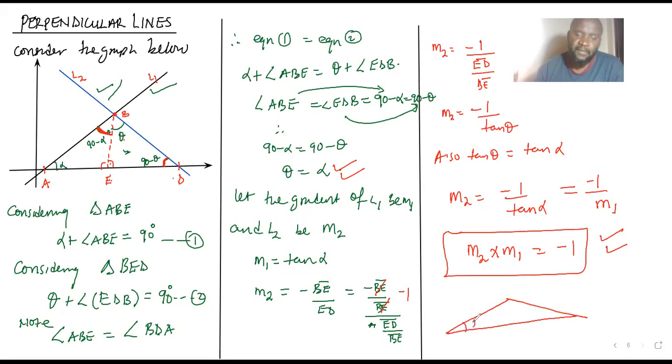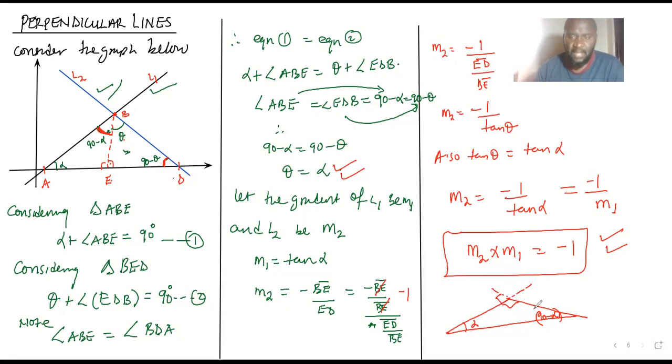If this is alpha and this is 90, this should be 90 minus what? Alpha. First of all, these lines, when they are meeting perpendicular, they are meeting at 90 what? At 90 degrees.